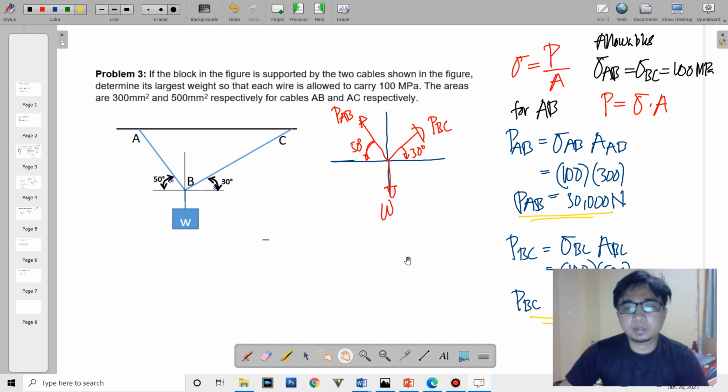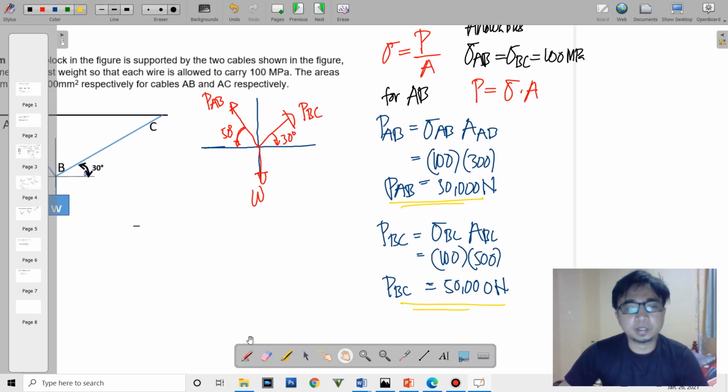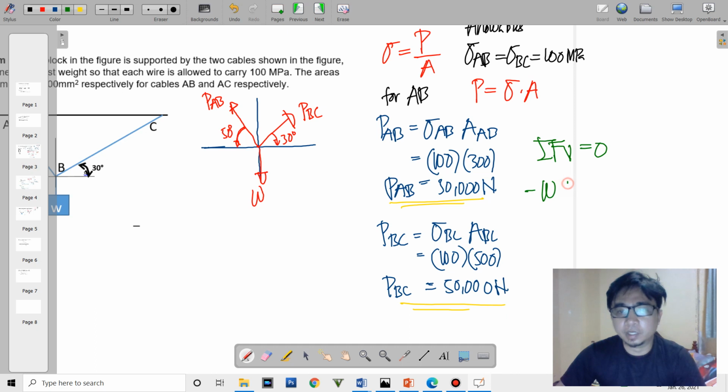Okay, so we come up with these two values, and you might resort to summation of forces vertical. We'll just have to see that W is negative, and then an upward component of PAB, or the vertical component here, is opposite your reference angle.